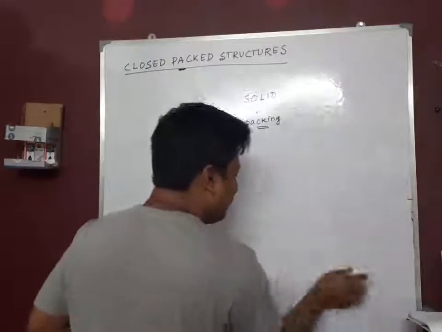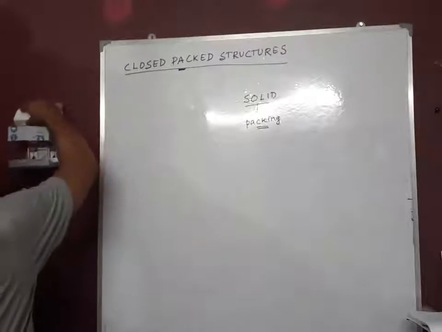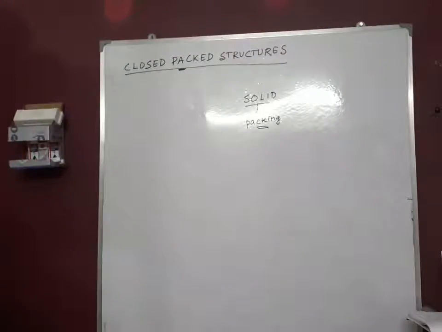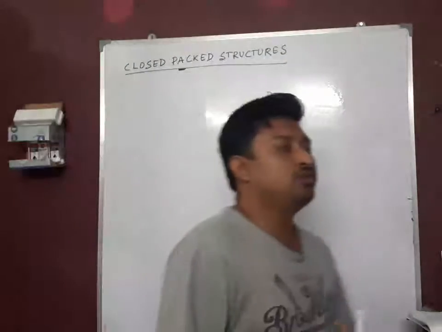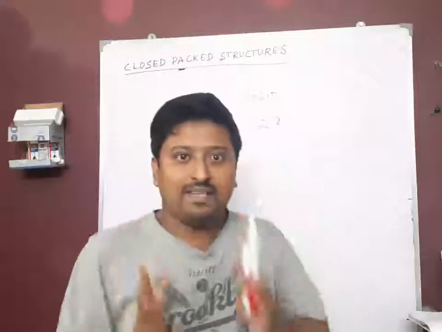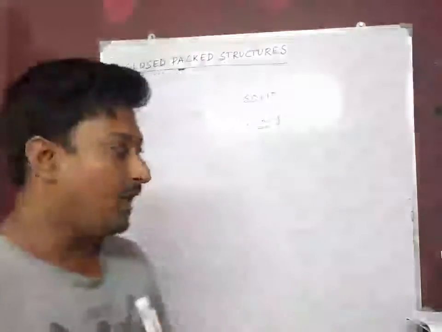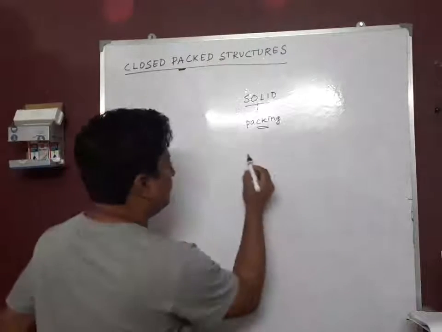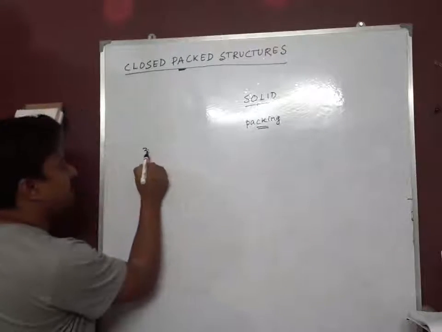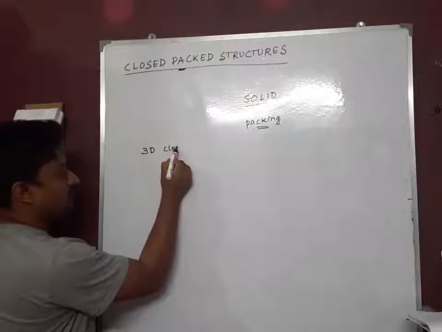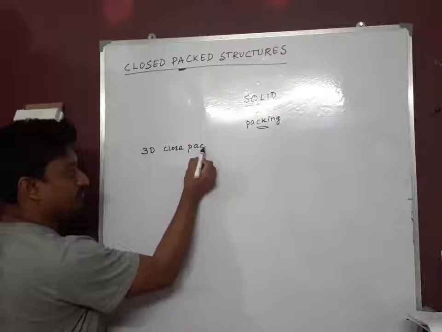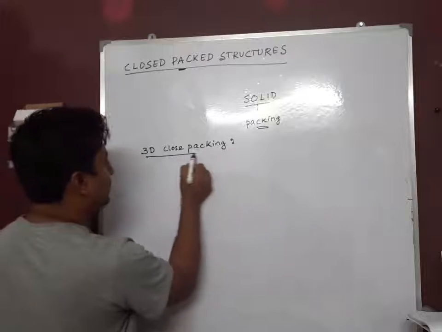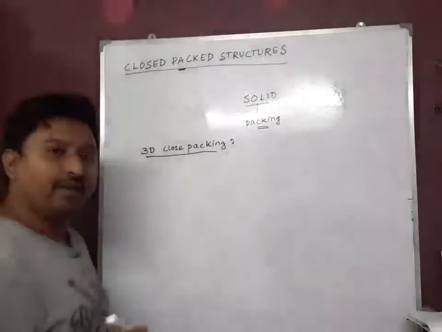One thing I want to tell you here: this chapter, this close packing, is a very abstract thing. So what you have to do is just close your eyes and imagine. Let's say in case of three-dimensional close packing, what can you observe?